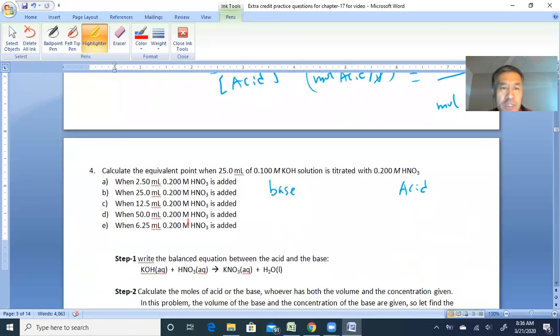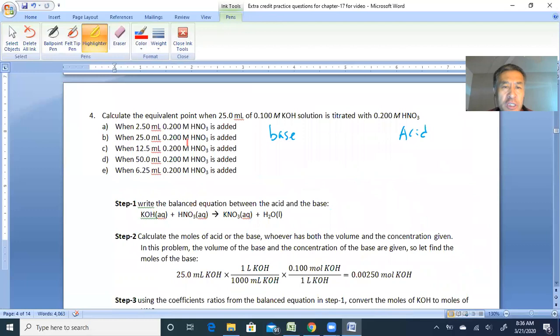So the next question is calculating the equivalence point when 25.0 milliliter of 0.100 molar KOH solution is titrated with 0.200 molar HNO3, nitric acid. So to do that, our step one is write the balanced equation between the acid and the base.